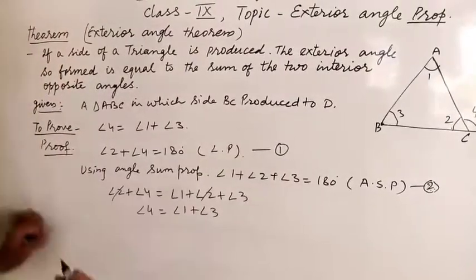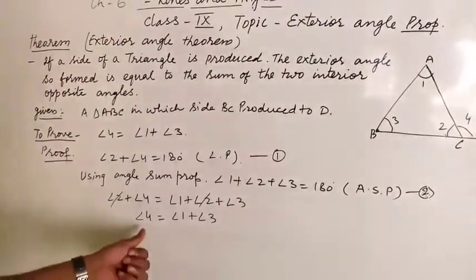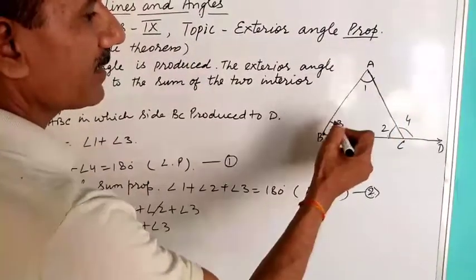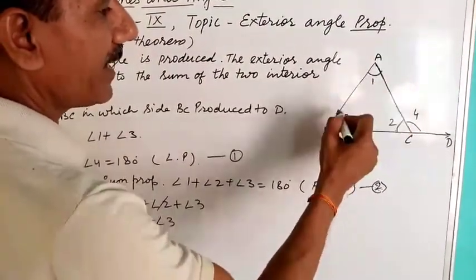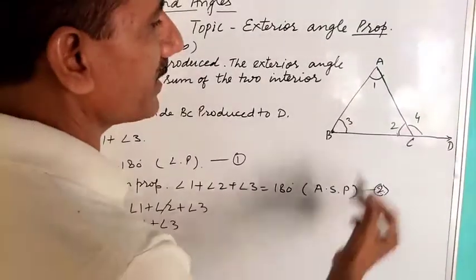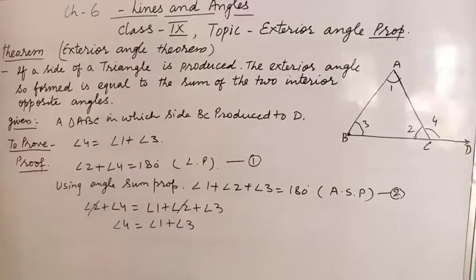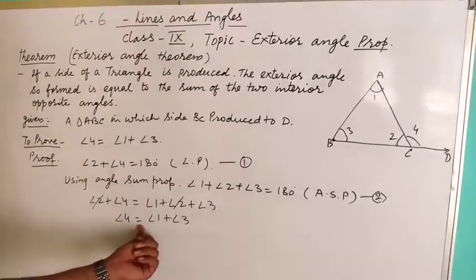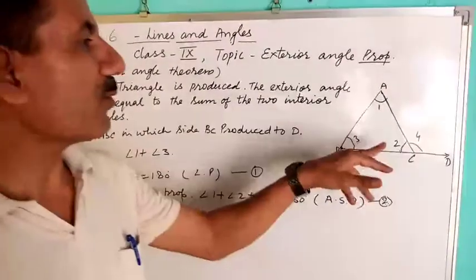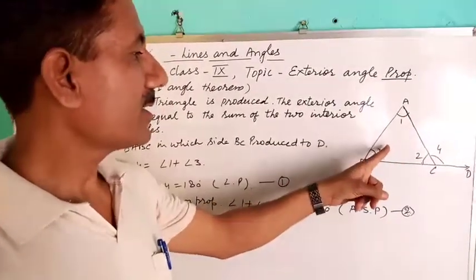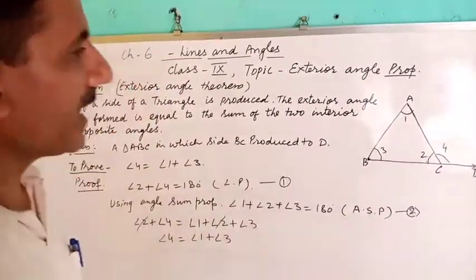Angles 1 and 3 are the interior opposite angles, and angle 4 is the exterior angle. So according to the theorem, we have proved that the exterior angle 4 is equal to the sum of the two interior opposite angles.